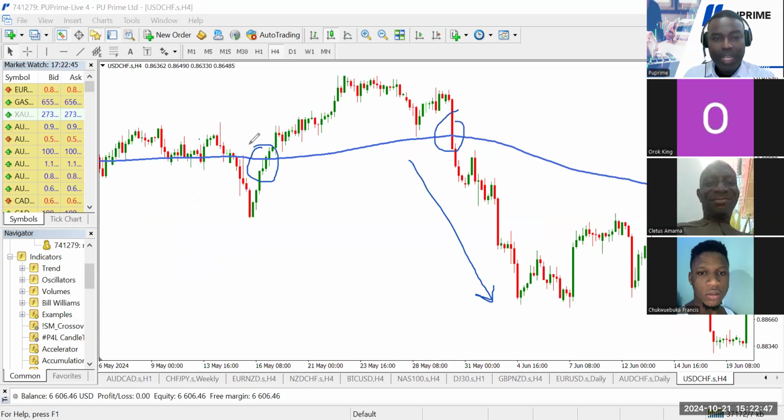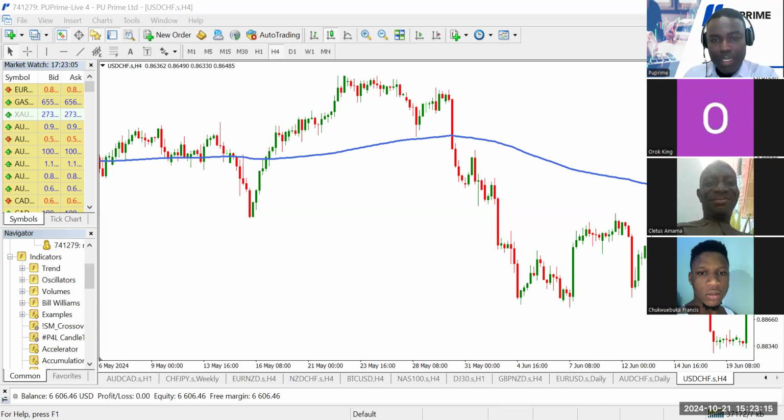Again, price broke out above it here and it gave a bullish movement. So the simple rule is this: anytime price breaks out above the moving average, it indicates we have an opportunity to look for a bullish trade. And whenever price breaks out below the moving average, it indicates that we have an opportunity to look for a bearish trade. That's just a simple rule around the moving average.